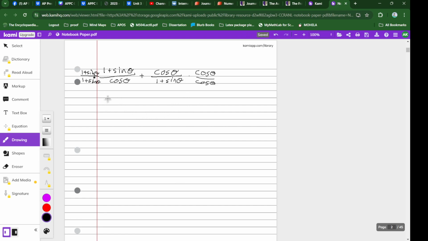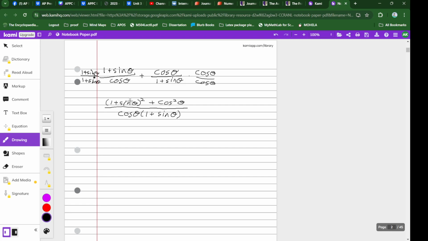So I now have (1 plus sine theta) squared plus cosine squared theta over cosine theta times 1 plus sine theta. Now, we might want to, with our numerator here, expand this out a little bit.